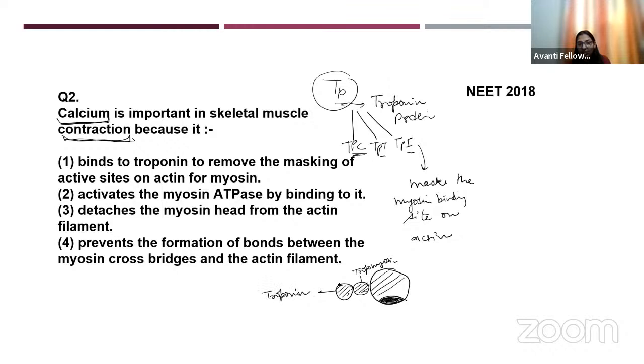This troponin has 3 units. TnT is the tropomyosin binding unit, through which the troponin is bound to the tropomyosin. It has this C and this I. This is C, this is T, and this is I. You can see this I is masking or covering the myosin binding site on actin, because of which the myosin head cannot bind to this site.